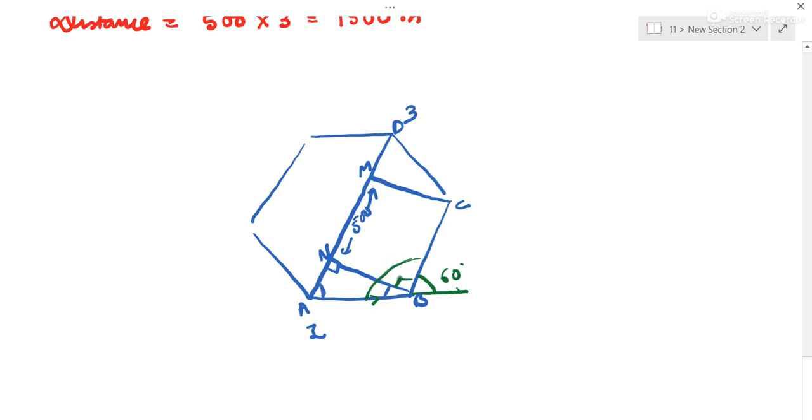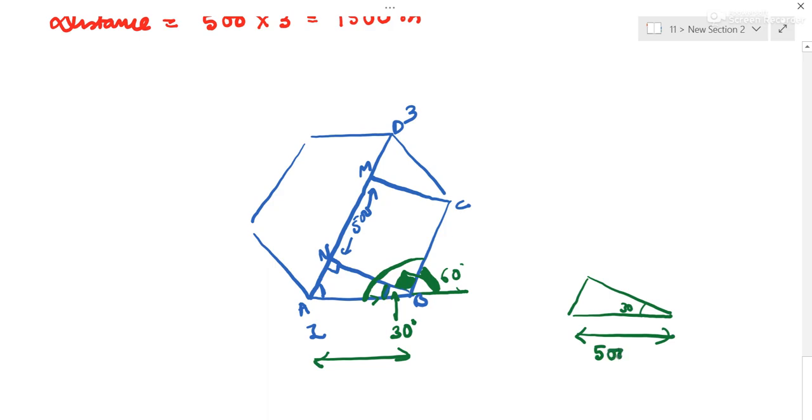Out of 120, this is 90. This is 60 degree turn that the biker is taking. So remaining is 120. Out of 120, this one is 90. This green one is 90. So this angle is 30 degree. This angle is 30 degree. Now 30 degree and this is 500. See, in this triangle I am saying this angle is 30 degree and this side is 500.